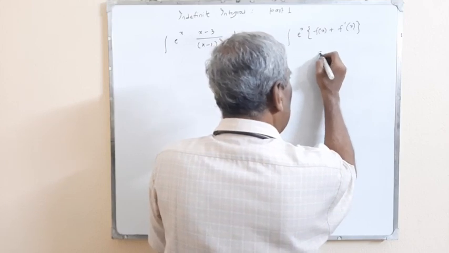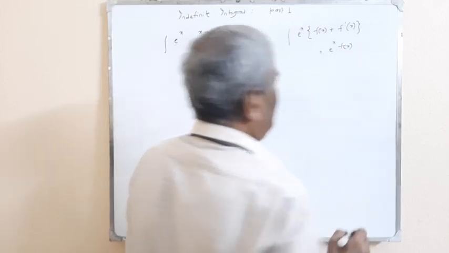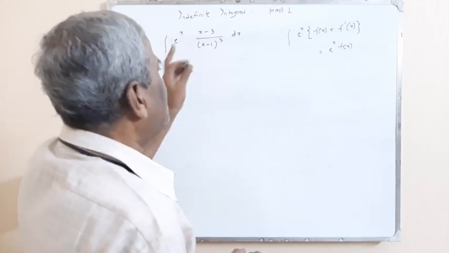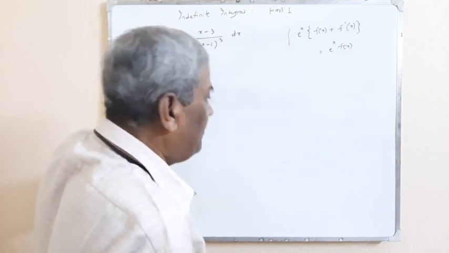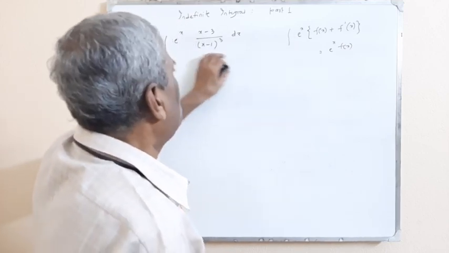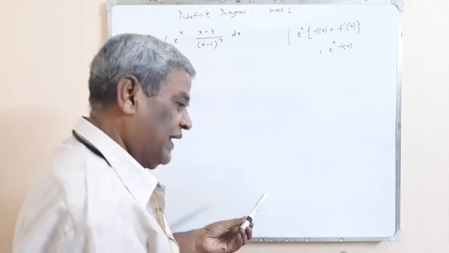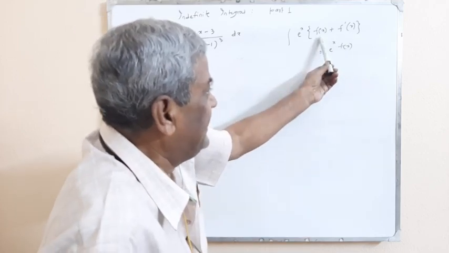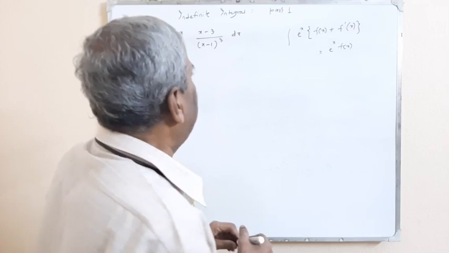Then its answer will be simply e to the power x f(x) plus c, of course plus c. So let us try to express this as e to the power x times the sum of two functions: one is f(x), any function, plus its derivative.